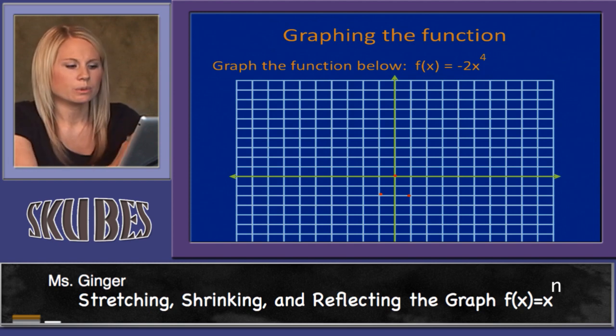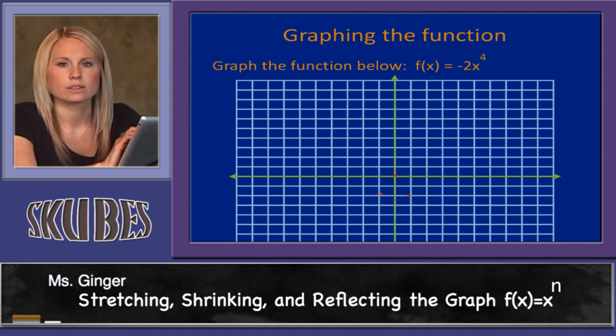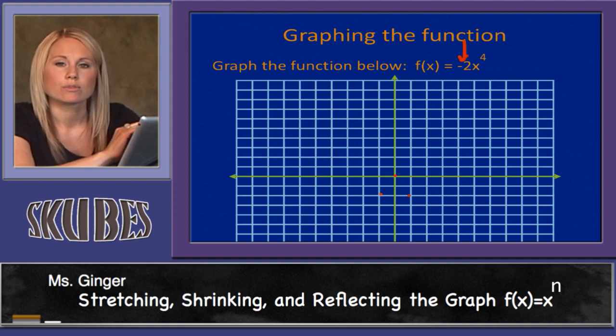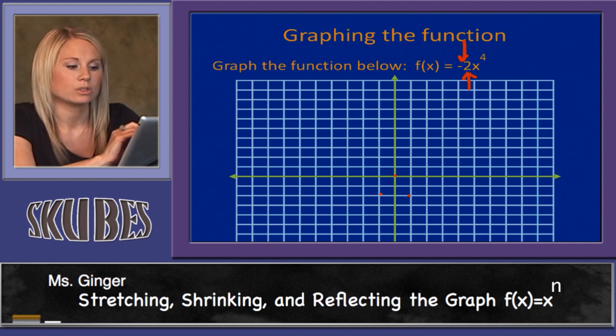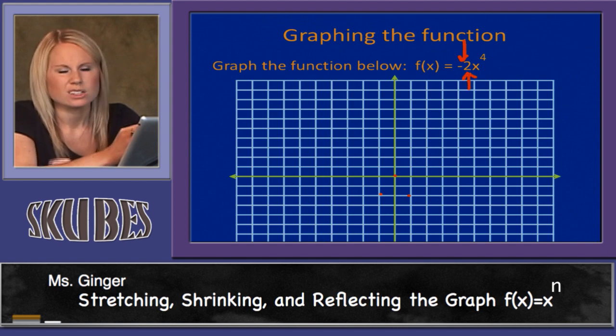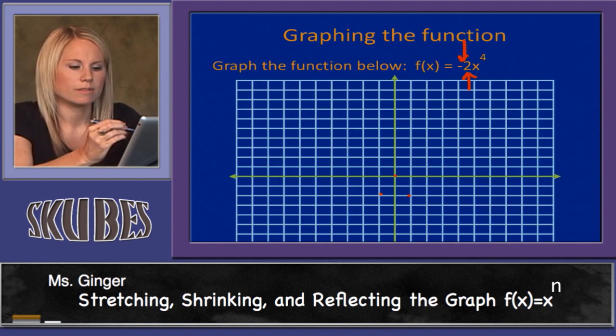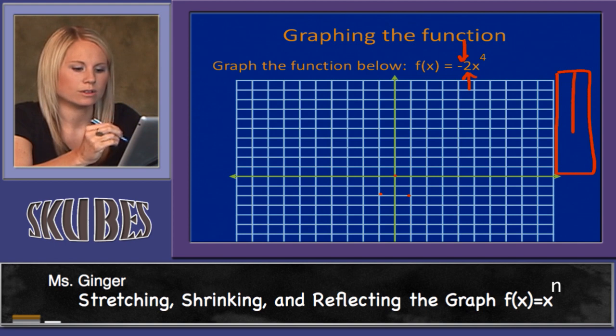So we've got negative 2x to the 4th. We do know that this little negative in front is going to cause a reflection, because we talked about that. And we do know that this 2 is going to cause a stretch. So how much of a stretch? Well, let's test a couple of values in a little table. Let's make an XY chart.